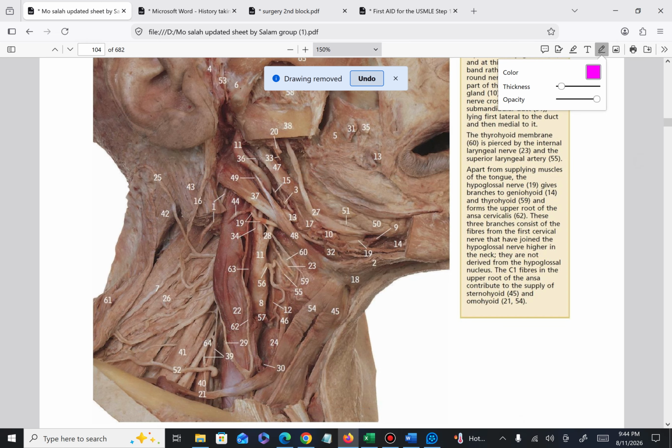So let's discuss the contents of the carotid triangle. The carotid triangle has the carotid sheath. This is the carotid sheath.